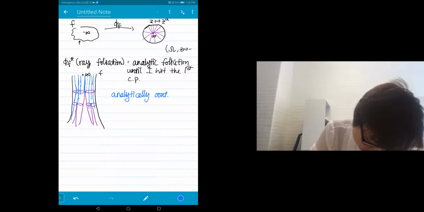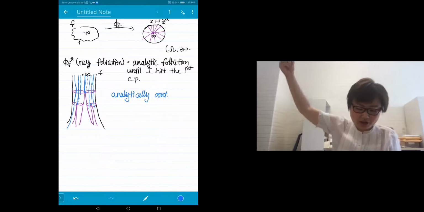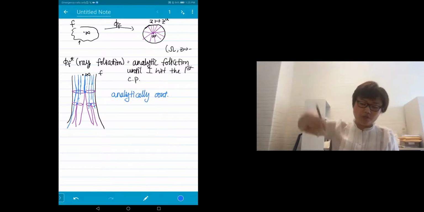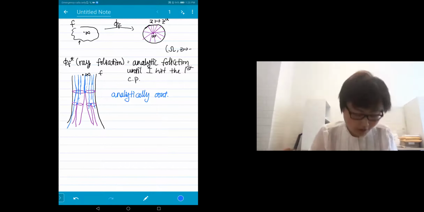And if this guy is lucky, it never hits any critical points. It goes all the way down to the Julia set, to the Cantor set, right?